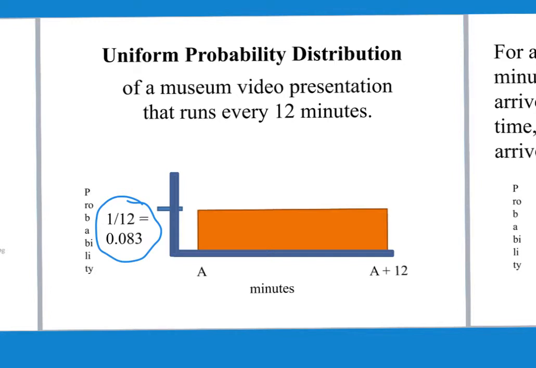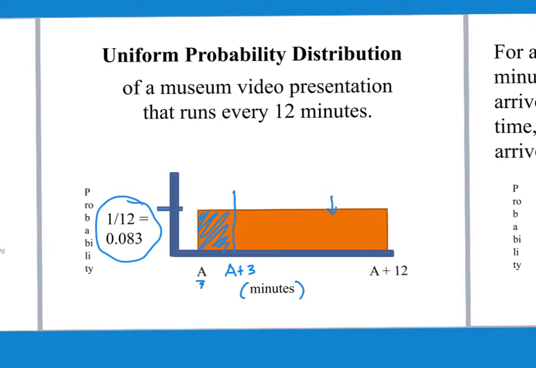So let's look at the probability that the video starts within 3 minutes of their arrival. If this is A, then here's their arrival plus 3, in minutes. We'd like to know the probability that it starts here, not just at a certain time, but within that first 3 minutes.